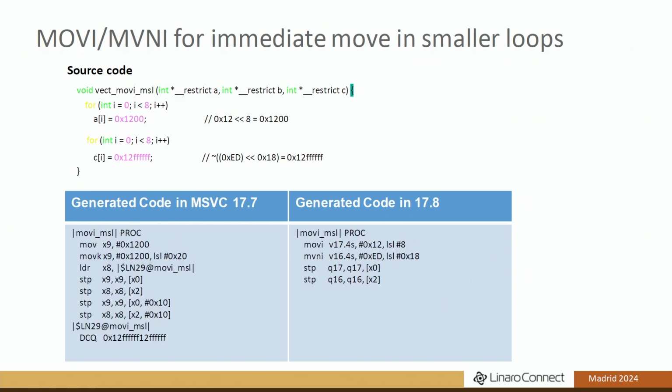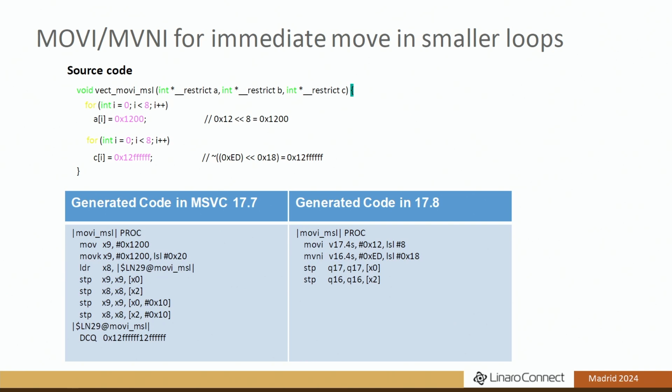Now, the next instructions are called movi and mvni, which are move immediate into vector register, and move inverted immediate into vector register. I have 2 different loops here that show an example for each instruction. The top loop demonstrates movi, and the bottom loop demonstrates mvni.